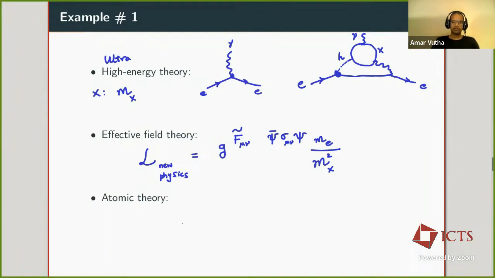So your atomic theory friend says, hey, look, I think I know exactly what the effective field theory person just said, but we don't even need to be this sophisticated. What we'll do is average all this over all the crazy high degrees of freedom, and think of the expectation value, if you like, of all this new physics stuff.